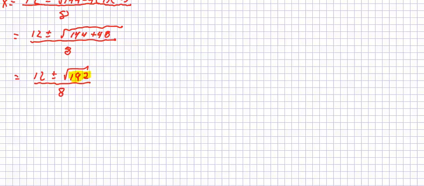Well, now we have to incorporate what we've been doing in the past week, and we have to simplify 192. So 2 goes in there, 96. 2 goes in there, 48. 3 goes into 48 16 times. 16 is a perfect square, so I'm going to stop.